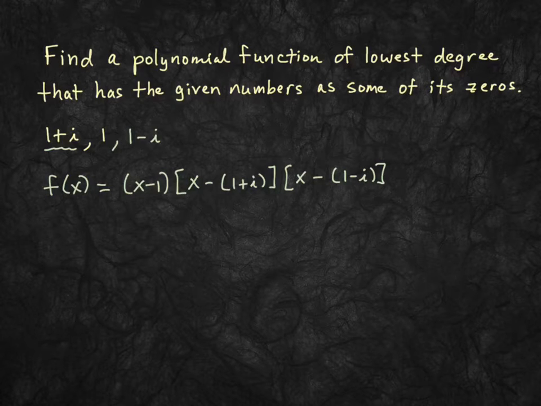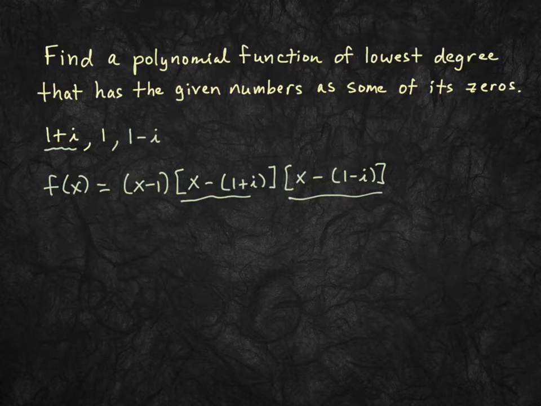Now the first thing you're going to want to do is multiply these together. Now I could actually distribute the minus and get rid of the parentheses inside these parentheses here, but it's actually easier, I believe, to multiply it the way that it is. And so let's go ahead and FOIL this out.